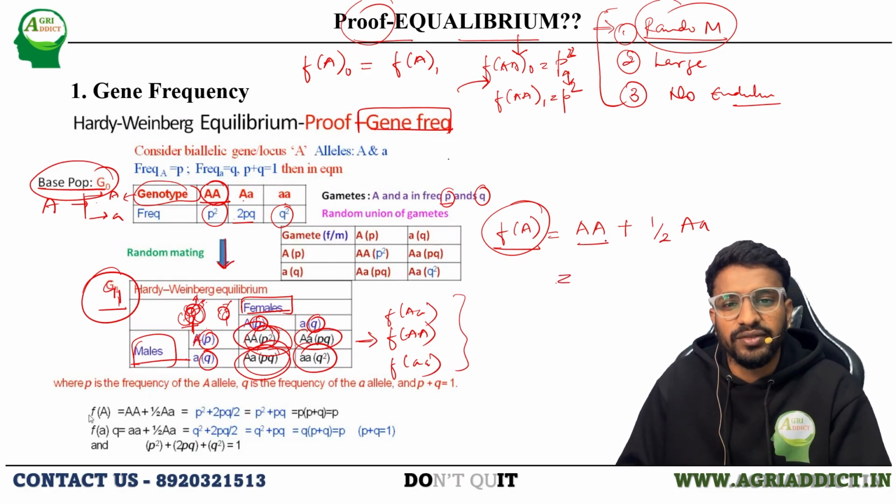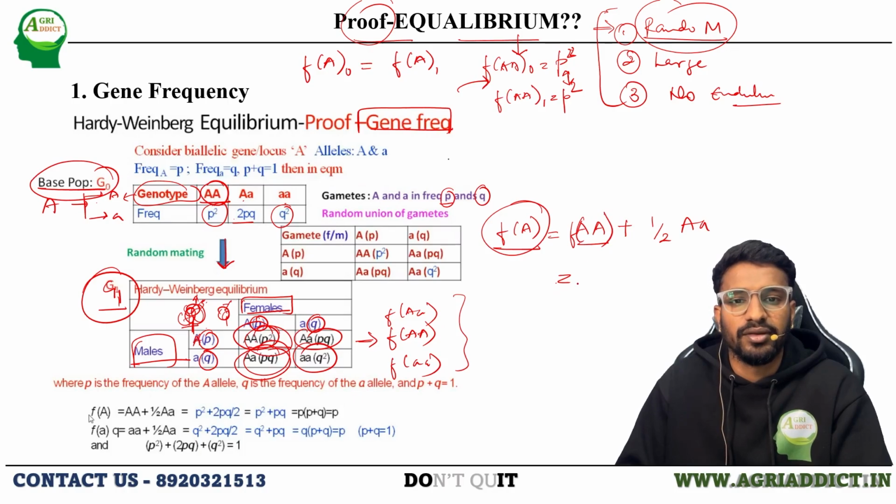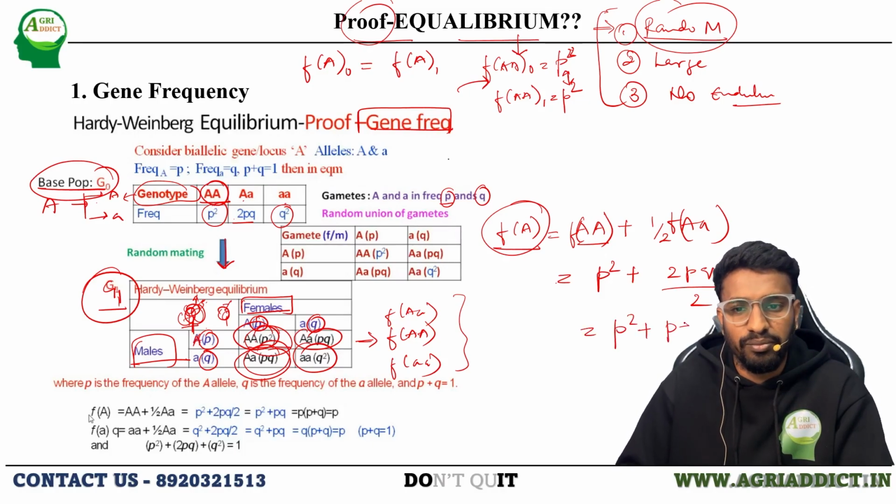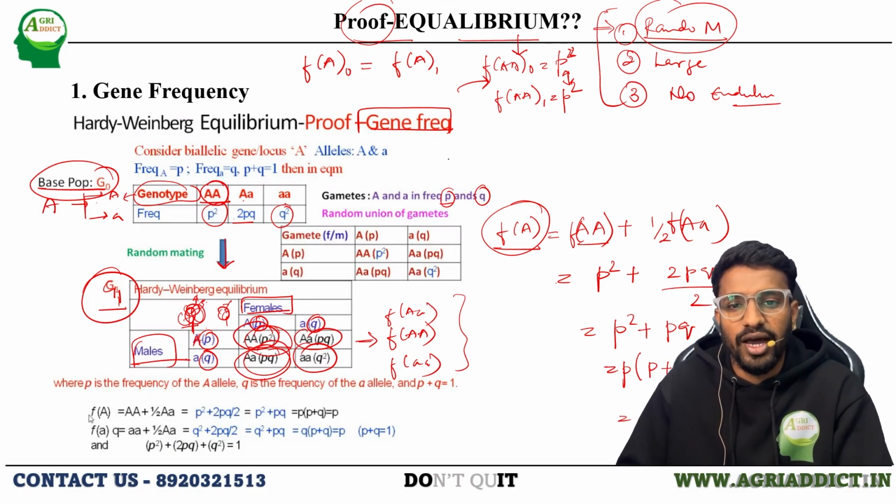The frequency of AA is p squared, and the frequency of Aa is 2pq, and you just substitute the 2 here. So in this case it is p squared plus pq. If I take p as common, it would be p into p plus q. We already know that p plus q is equal to 1. So if we substitute, are we getting the same thing?